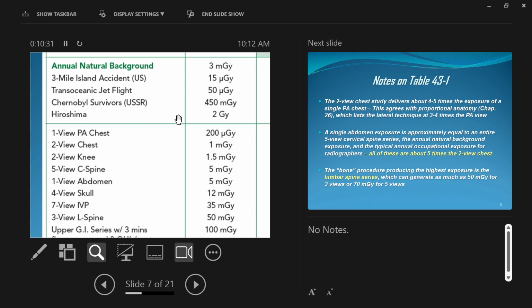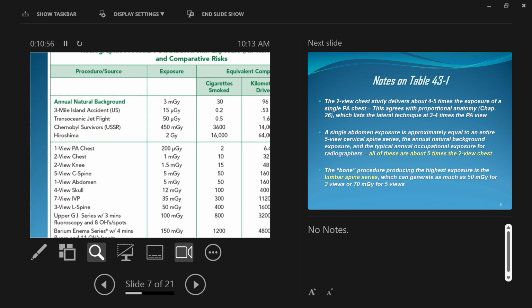Okay, some people did die, some people didn't die from the exposure, but it's a lot. The point is that gave people a lot of exposure. Even the Chernobyl disaster in the late 80s, with the nuclear power plant that exploded, gave people 450 milligray, right? Way more than their lifetime's worth, right?